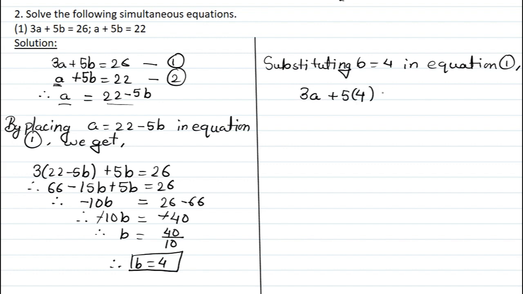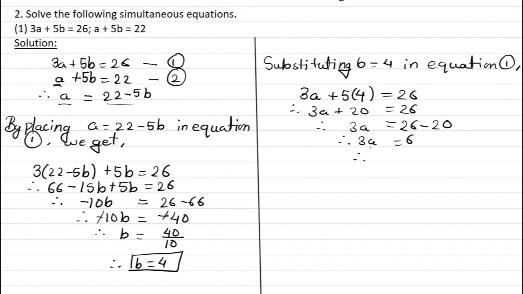Instead of b, we are supposed to write the value, which equals 26. Therefore, 3a plus 20 equals 26. This implies 3 times a, this 20 will get shifted to the other side and becomes negative because it was positive over here. Minus 20. Therefore, 3a equals 6.